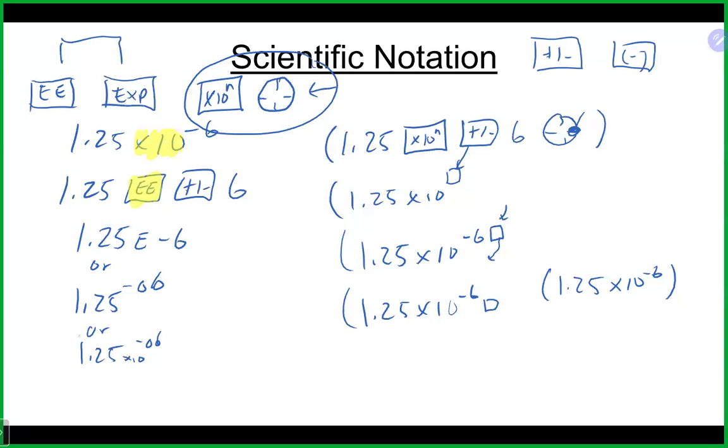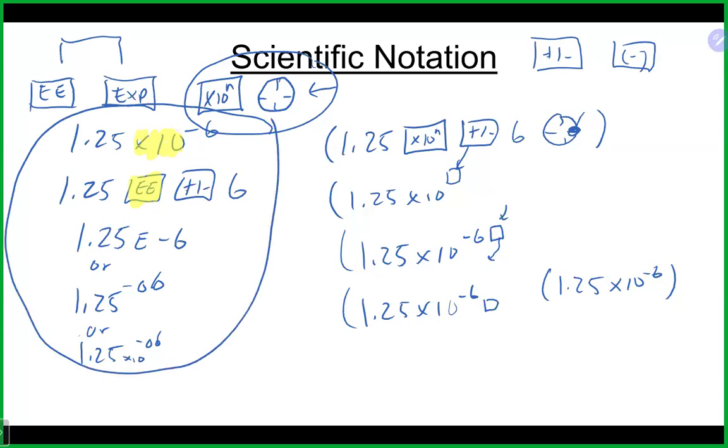Right around here is the EE button that you would use. So on this type of calculator, if you buy it yourself, you could practice with it. And the negative button is down here, as well as the plus and the minus button. So the one that you'll have to use will have those buttons on it.